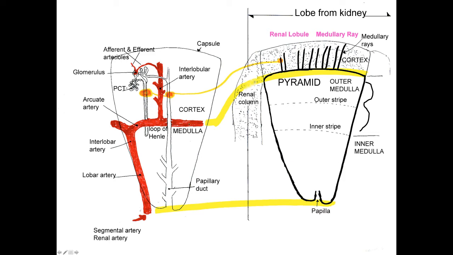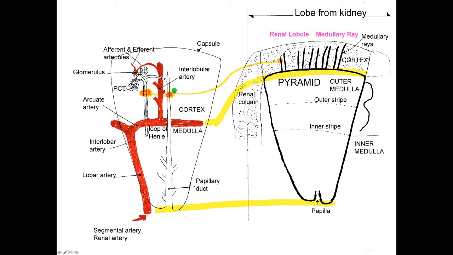So if I take this part of the diagram and expand it like this, the way these yellow lines are going, I'm defining a renal pyramid as roughly the portion of a renal lobe that's in the medulla, defined by the lobar and interlobar arteries, and then the cortical structures, these renal lobules, the renal lobules with medullary rays.